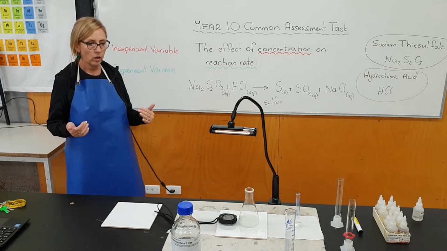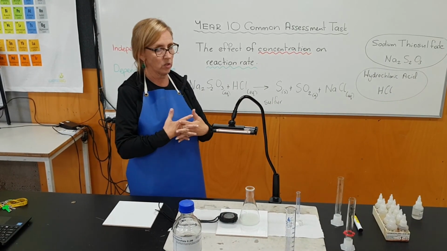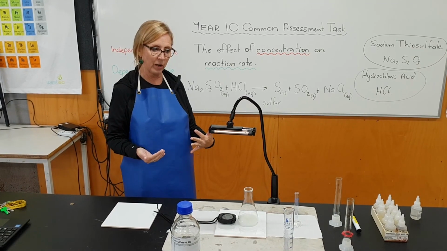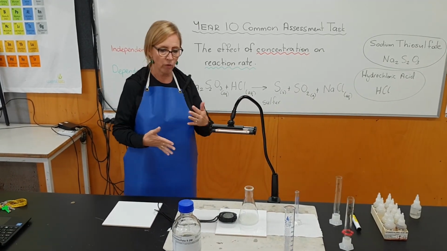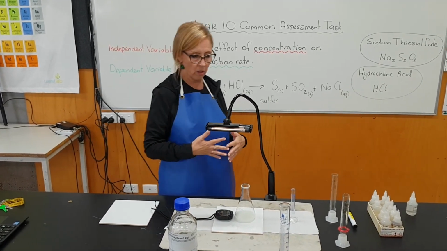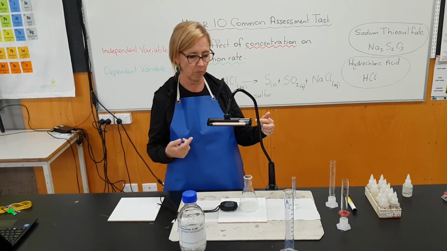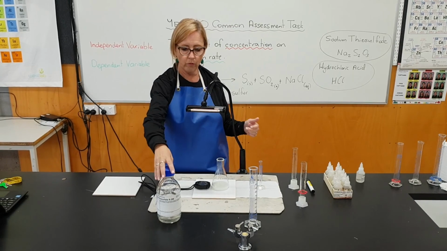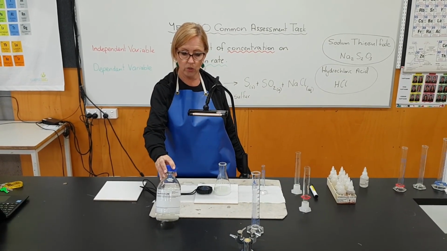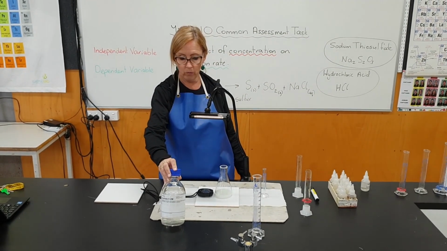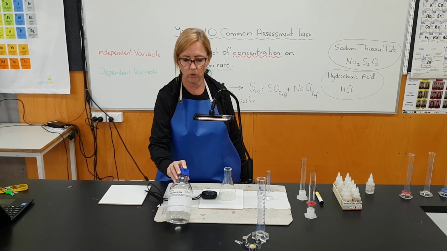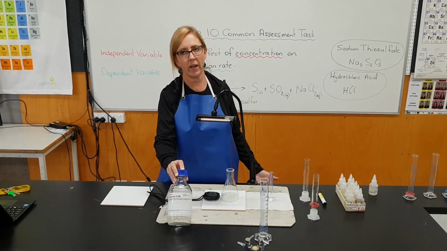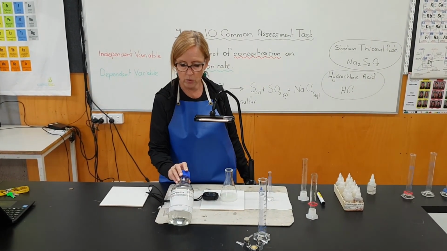What year 10s you're going to be doing is writing a method for this practical. So I'm just going to run through the equipment. Obviously this is here for me to be filming the reaction rate for you. We've got our sodium thiosulfate solution. In your document that goes with this practical, you'll have the details of its formula and how you spell its name and so forth.